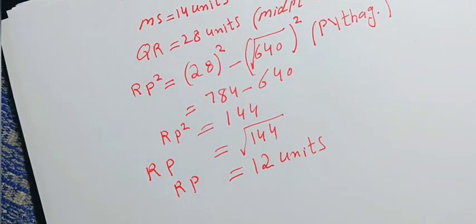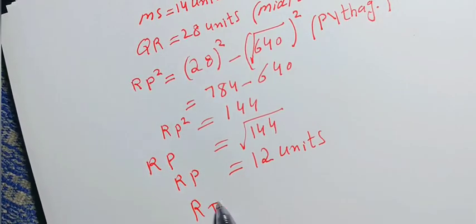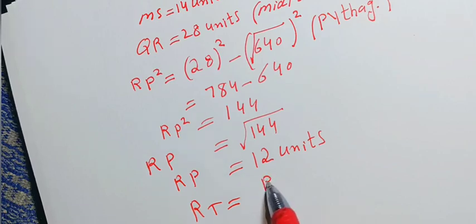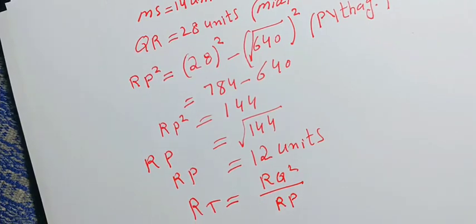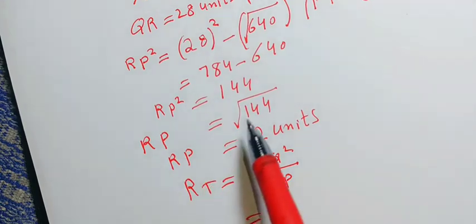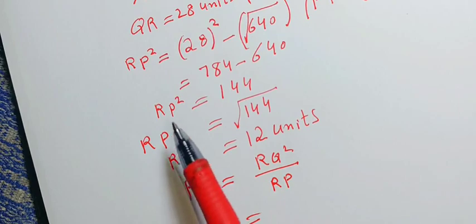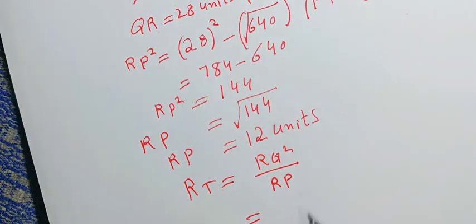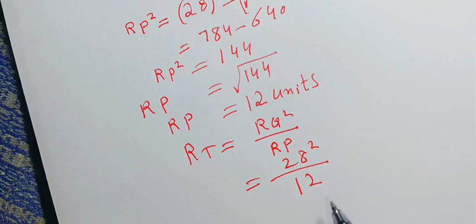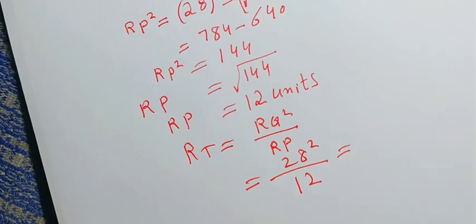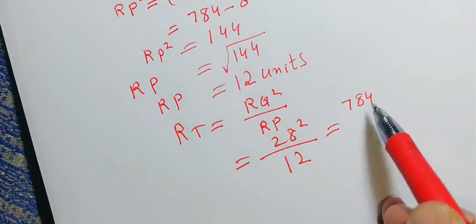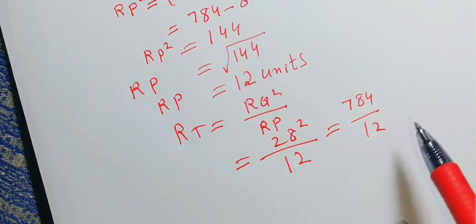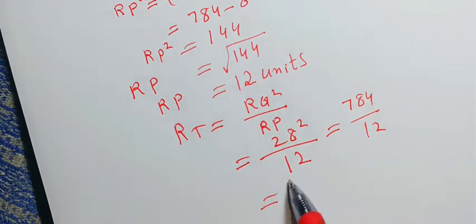Earlier we proved that RT is equal to RQ square over RP. RQ is 28, so 28 square over RP, which we now have as 12, over 12. We simplify: 784 over 12, and further simplifying, the answer is 196 over 3.